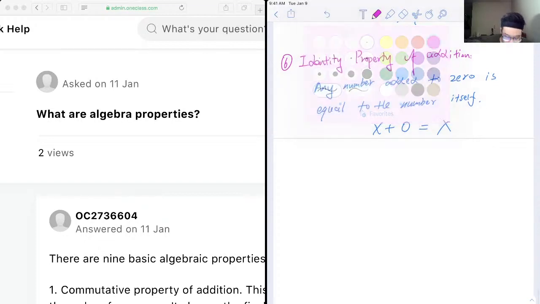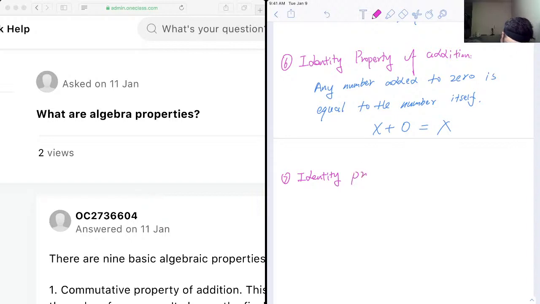And next we have the identity property of multiplication.